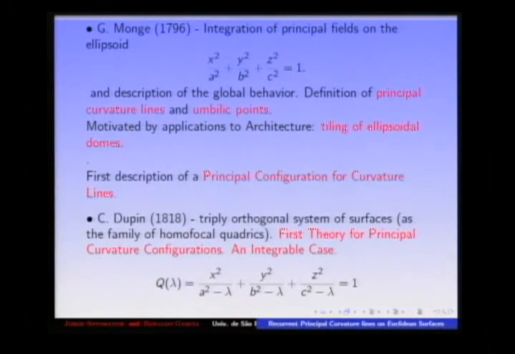The work that he proposes, as a motivation for his definition of lines of curvature, on this surface implicitly given by the ellipsoid with three different axes, a, b, and c, is to model the tiling of an ellipsoidal dome over an elliptic terrain.